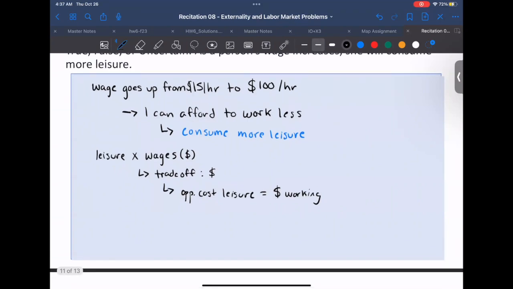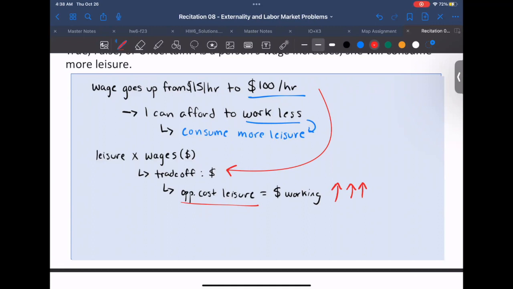So now I'm conflicted because if I'm being paid more, then I can afford to work less and I can consume more leisure. However, if I'm making a boatload more money, then the opportunity cost of leisure is going to go up a boatload as well.